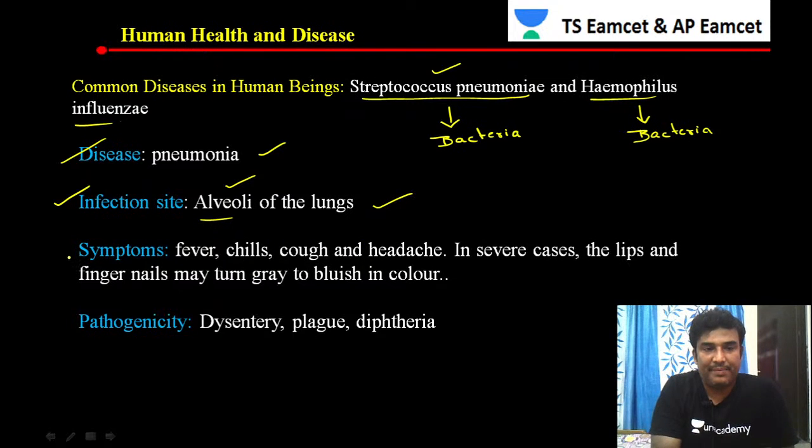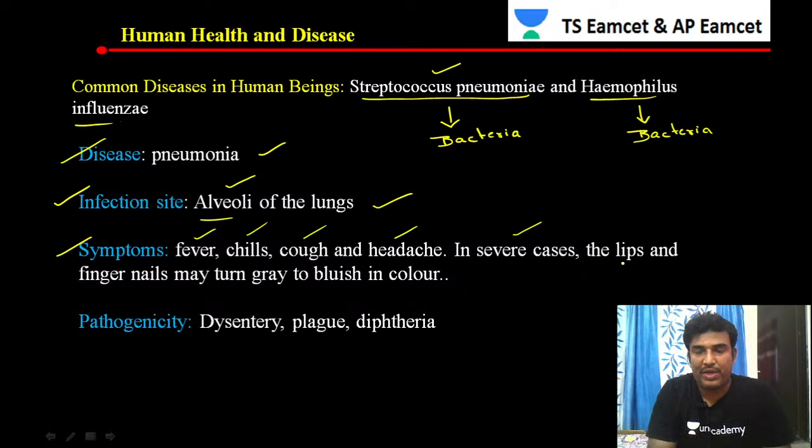Then the symptoms: if a person is suffering with pneumonia, the symptoms are fever, chills, cough and headache. In severe cases, the lips and fingernails may turn grey to bluish in color.